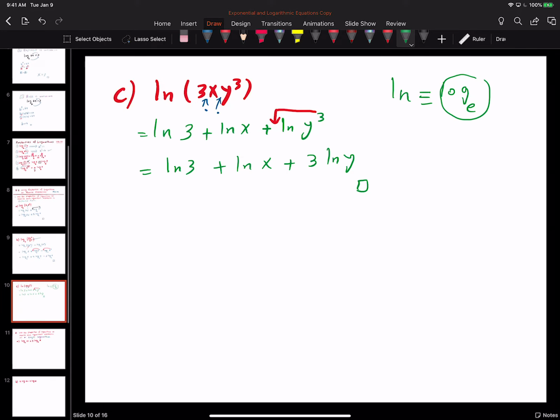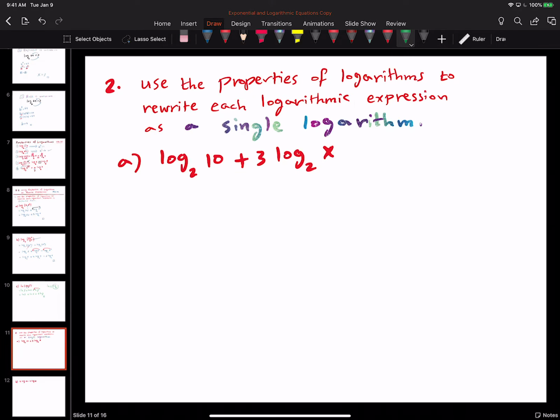Next, use the properties of logarithms to rewrite each logarithmic expression as a single logarithm. So this is the other way around. We have expanded form, and we're going to take it back to one term. Now, since we have addition right here, that comes from multiplication.